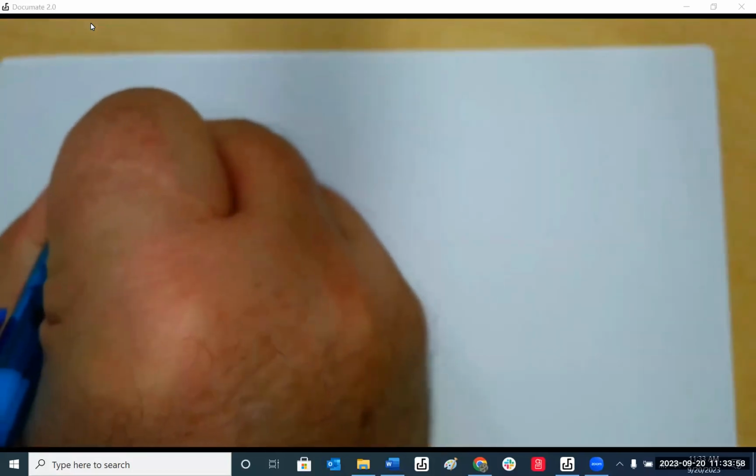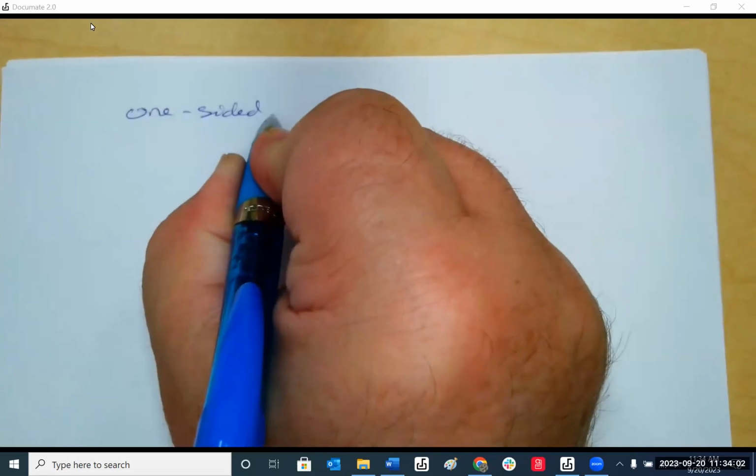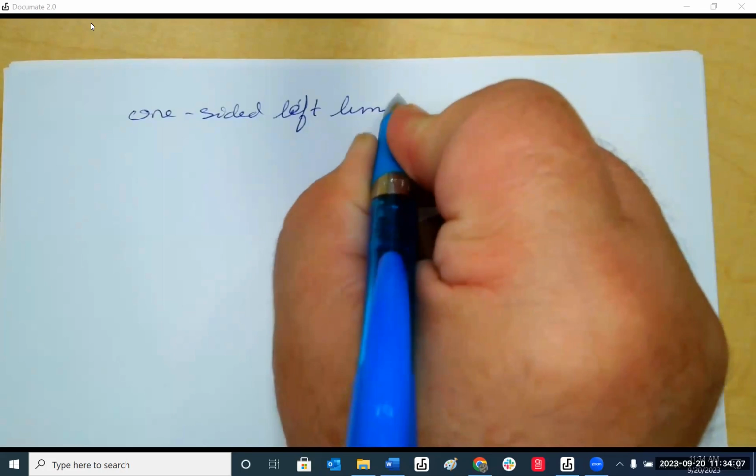So I'll write that in there. One-sided left limits.